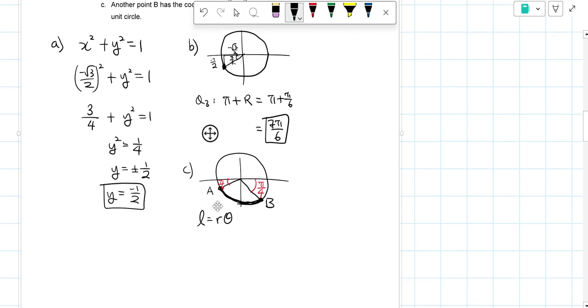The entire bottom side will be half a rotation, so that's pi, right? So theta must be pi minus pi over 6 minus pi over 4.